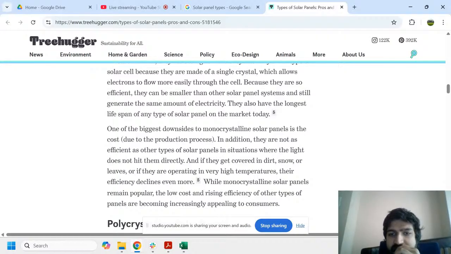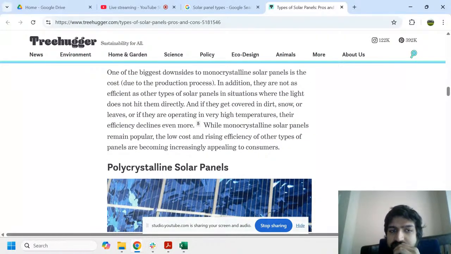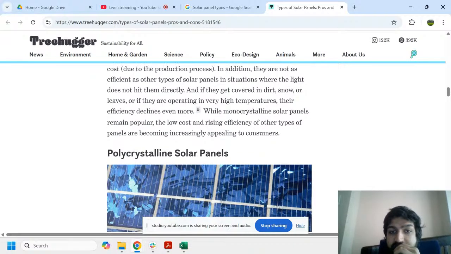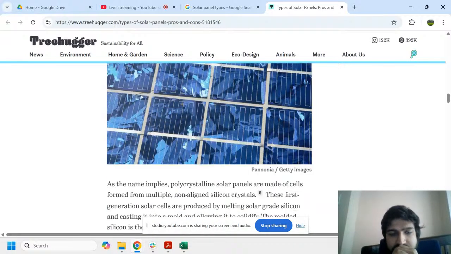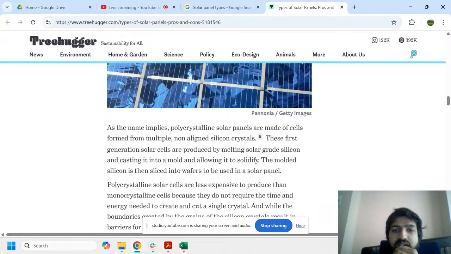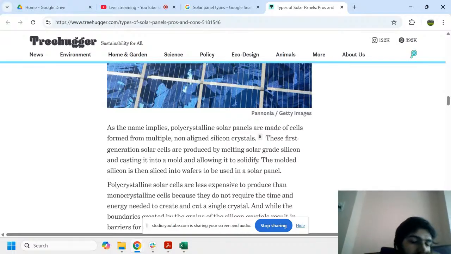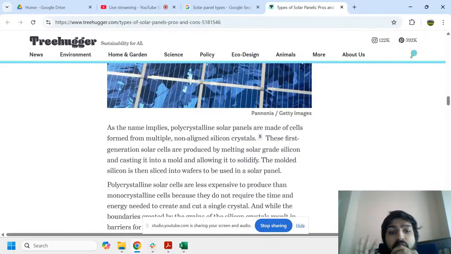While monocrystalline solar panels remain popular, the low cost and rising efficiency of other solar panels are becoming increasingly appealing to consumers. Polycrystalline. Compared to monocrystalline, polycrystalline panels are made of cells formed from multiple, non-aligned silicon crystals.